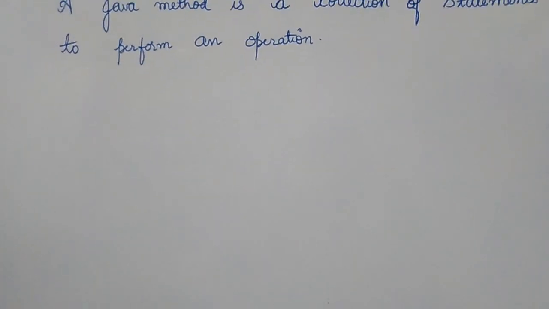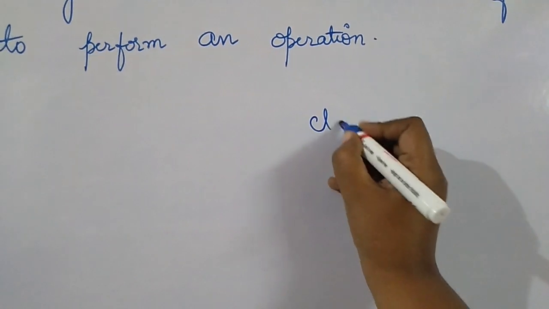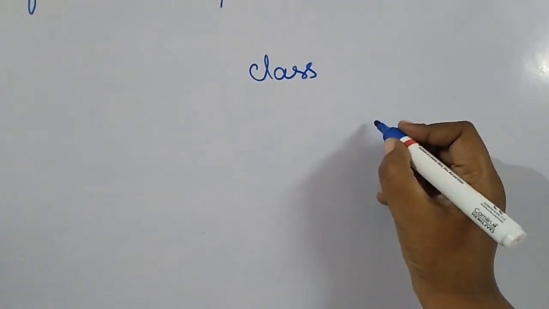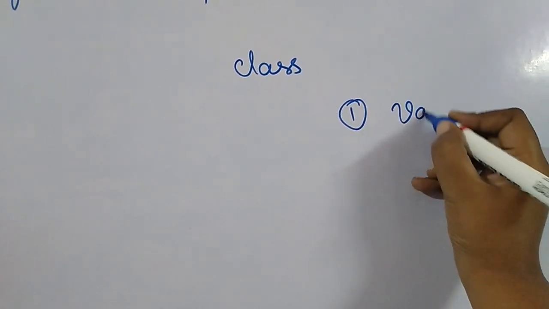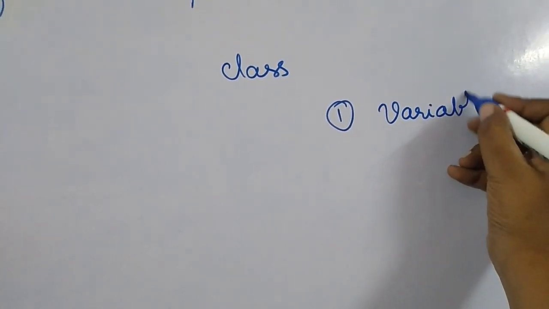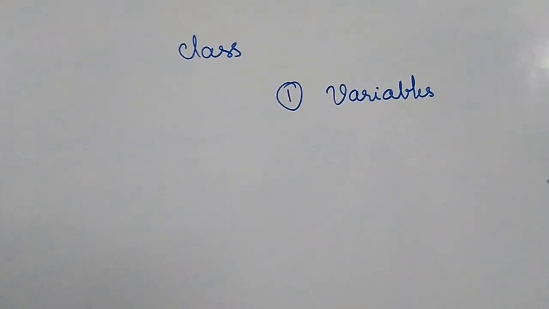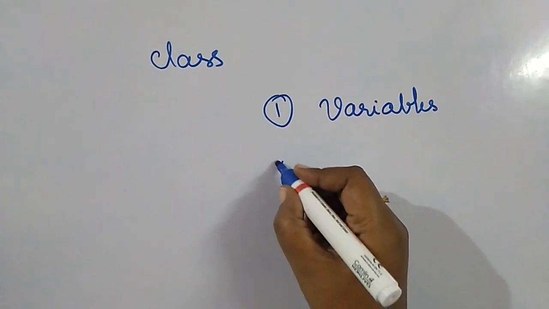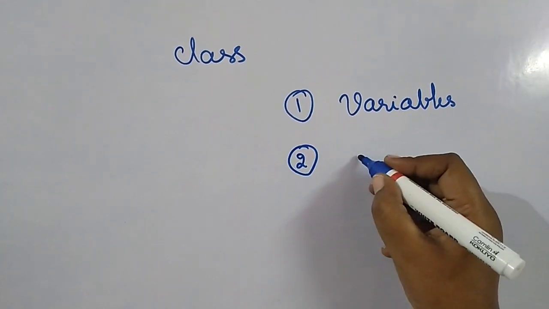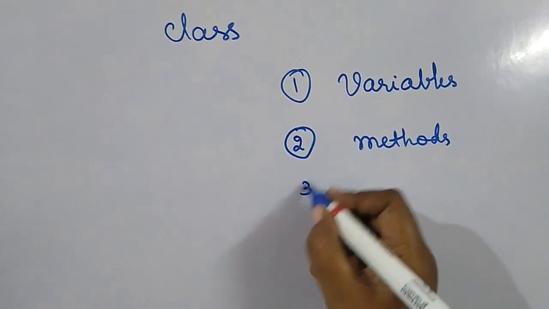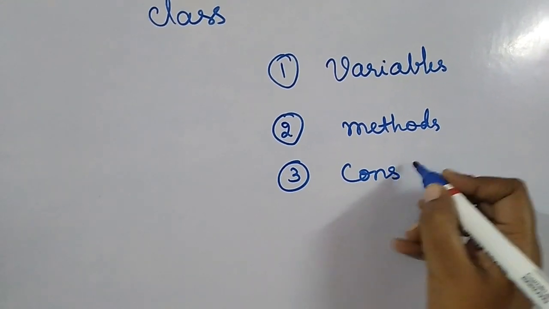If you look into the class elements, what are the elements inside a class? The class has different elements. The first element is the variables, and in my previous videos I already discussed various types of variables. The second element of the class is the methods, and the third element is the constructor.